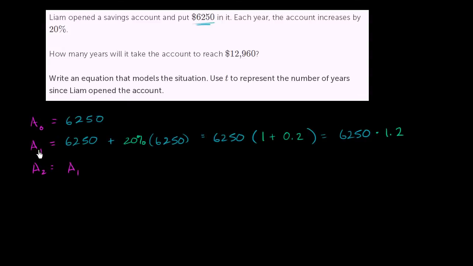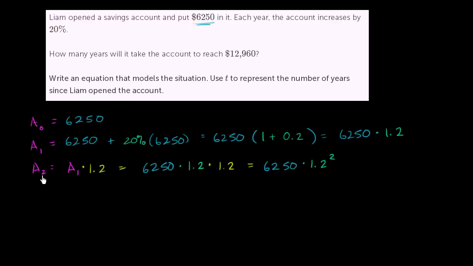So he's going to have the amount that he had at the end of 1 year times 1.2, which is equal to 6,250 times 1.2 times 1.2, which is equal to 6,250 times 1.2 squared. I think you might see where this is going. Order of operations, you do the exponent first.